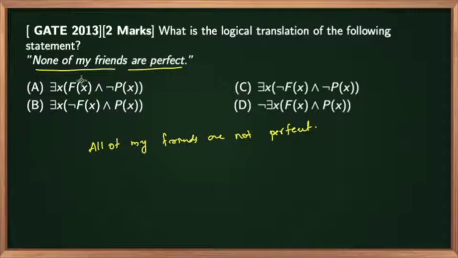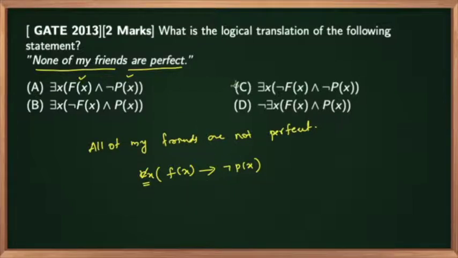So I have two predicates here: F of x means friend of x and P of x means perfect. So all of my friends are not perfect should be written as for all x, if it's a friend of x implies, see, whenever I have all of x, I have this implies, F of x implies not P of x.